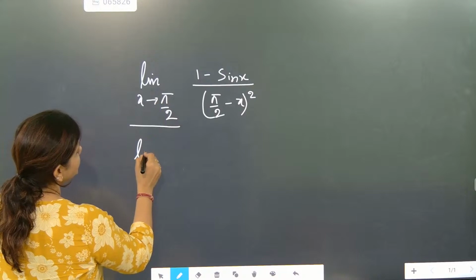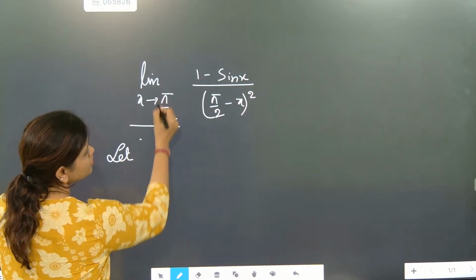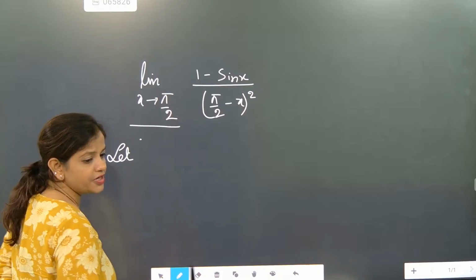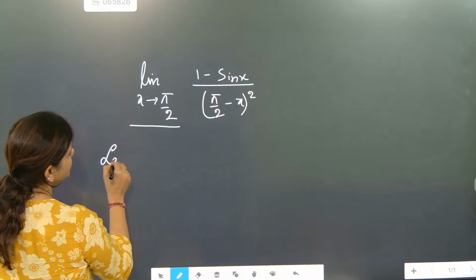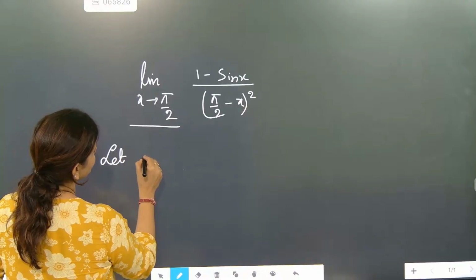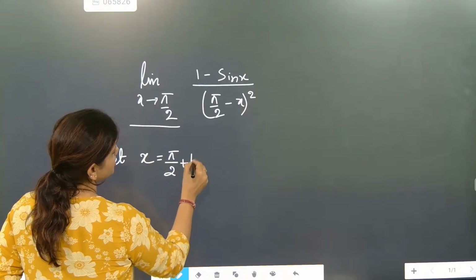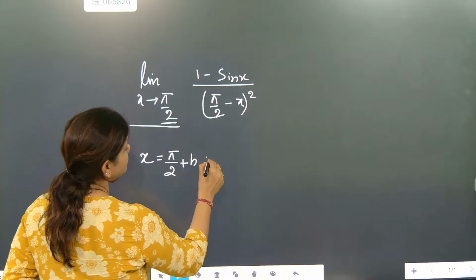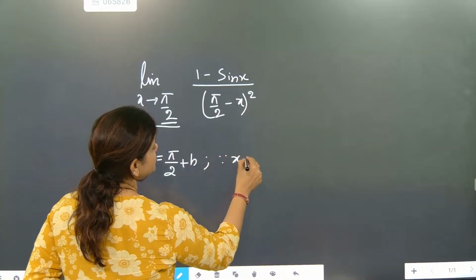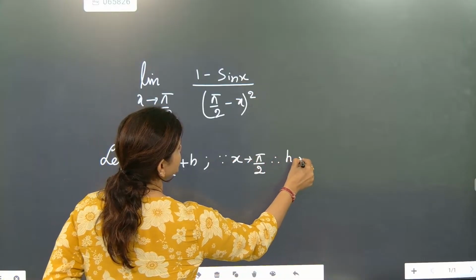Now look here, limit, first part what we will do. Because we cannot solve for this, we have to convert it into tending to 0. So first we will write, let x is equal to pi by 2 plus h. Whatever is there, with that we are going to add h. And then we will say, since x tends to pi by 2, therefore h tends to 0.